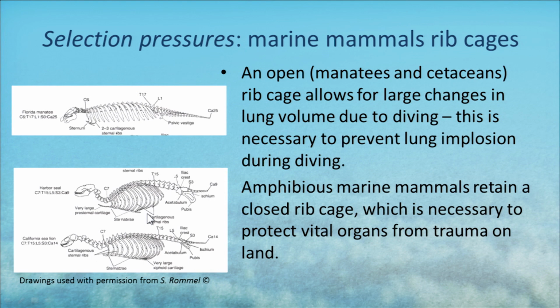When they haul out onto land, they are at risk of basically suffering blunt trauma to their vital organs, including their heart and their lungs, from rocks and other projections from basically dragging their bodies on land. So the selection pressure that favors a closed rib cage is basically exposure to something that would increase the risk of blunt trauma.